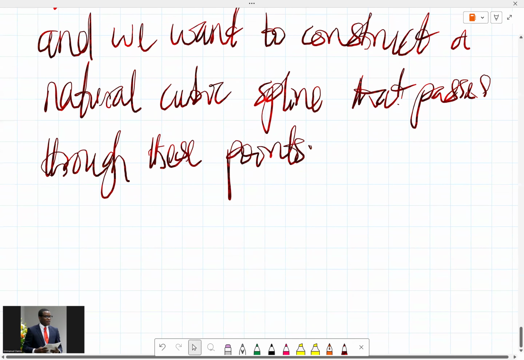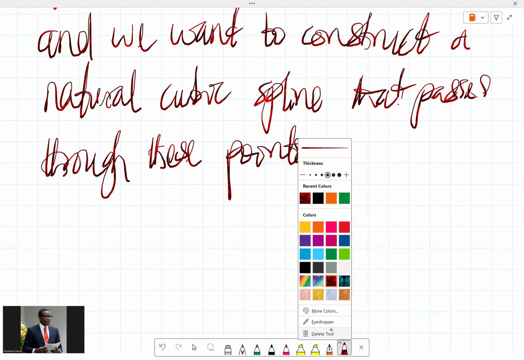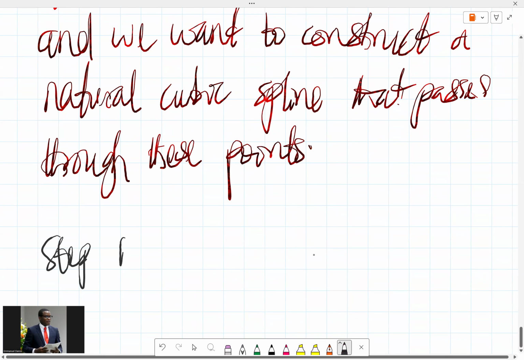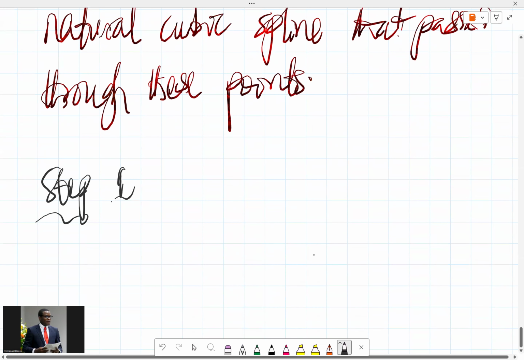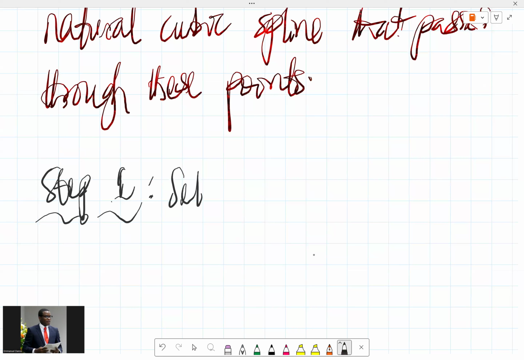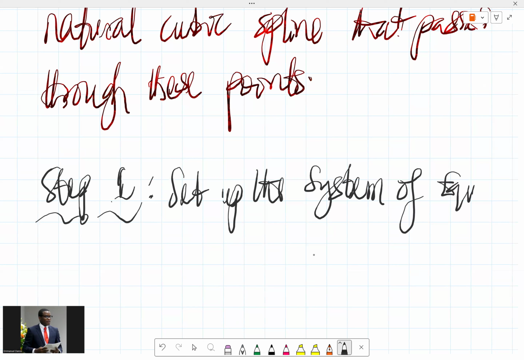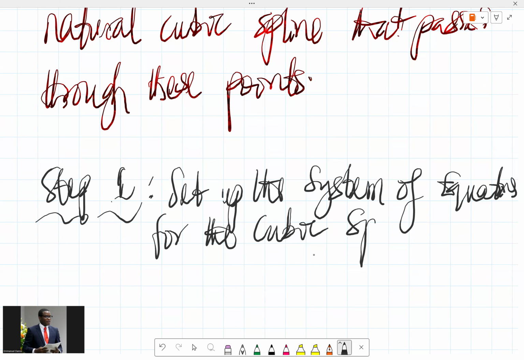So the first step, step one, we have to set up the system of equations for the cubic splines.